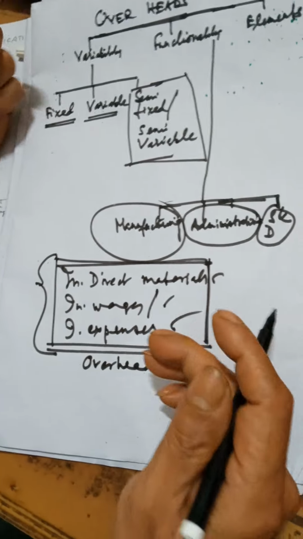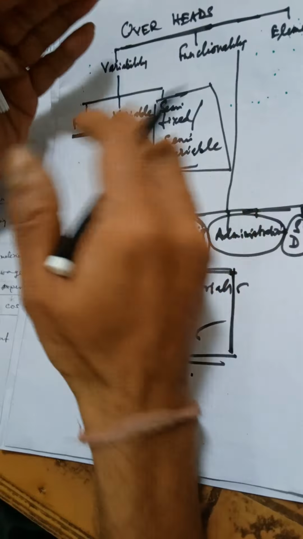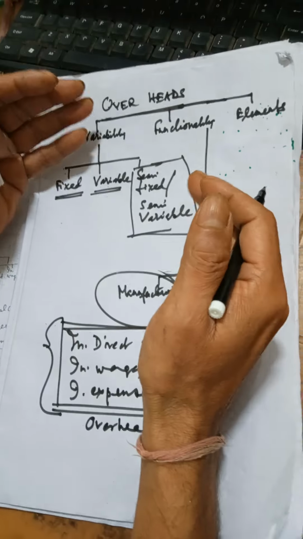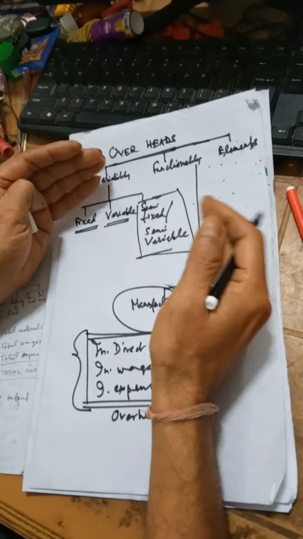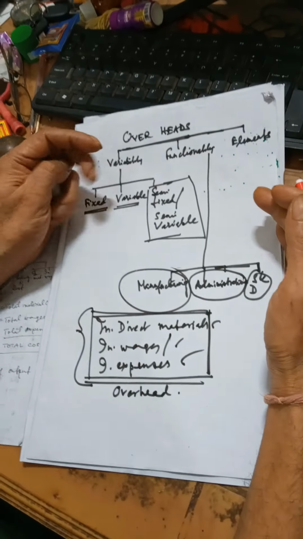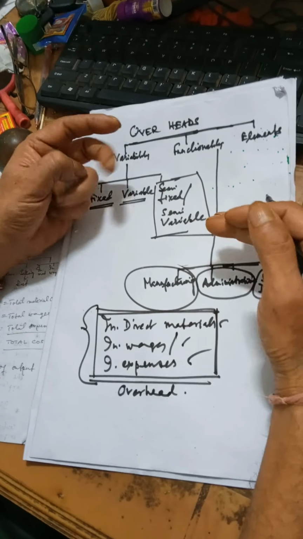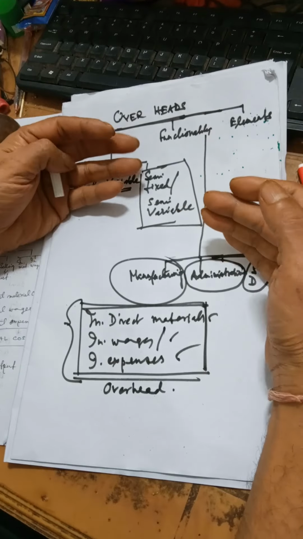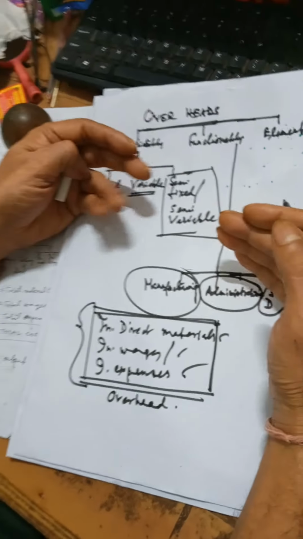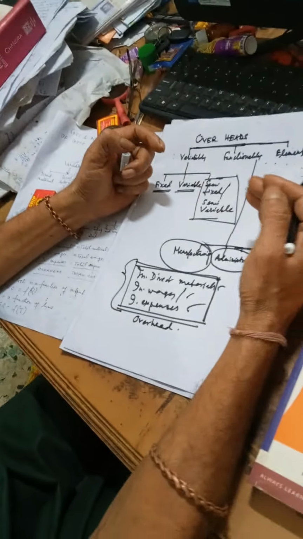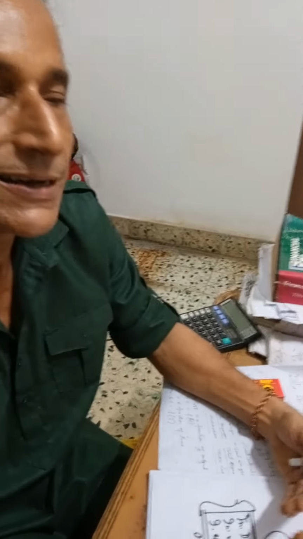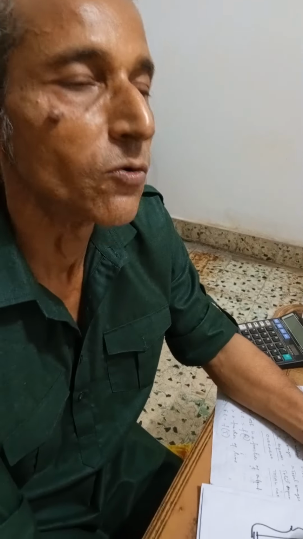According to variability, overhead cost can be fixed overhead, variable overhead, and semi-fixed or semi-variable overhead. According to functionality, overheads can be manufacturing overhead, administrative overhead, and selling and distribution overhead. And according to elements, overhead costs are indirect material costs, indirect wages or indirect labor costs, and indirect expenses.